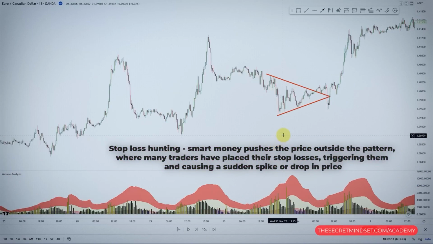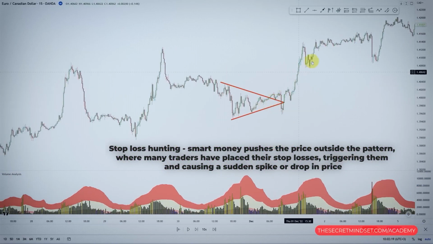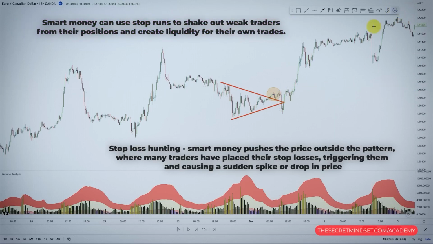Stop loss hunting is also common. This occurs when smart money pushes the price to a level where many traders have placed their stop losses, triggering them and causing a sudden spike or drop in price. Smart money can use stop runs to shake out weak traders from their positions and create liquidity for their own trades.